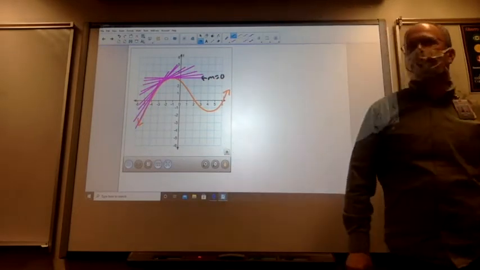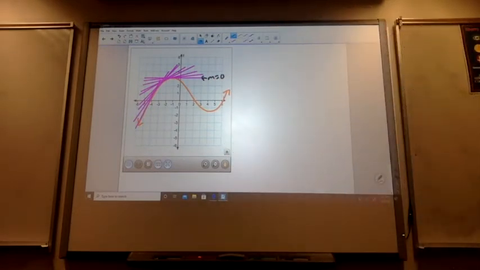It's the one that's a horizontal line. Those pink lines are called tangent lines. Now, this is not referring to the tangent in trig. We're talking about geometry tangent, where it's a line that touches a shape once. Does that make sense? So that's what's taking place with this.